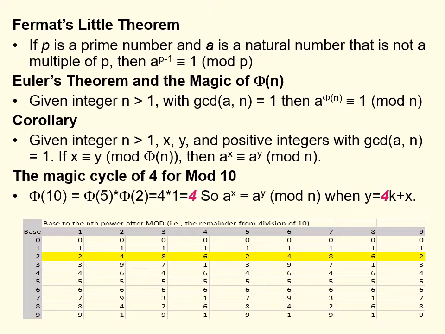So what it's saying is that if n is greater than 1, and a and n are co-prime, which means that the mod n and a, the base here, are co-prime, then a to the power of the totient number of n is congruent to 1, which means that a to the totient number power minus 1 is divisible by n.